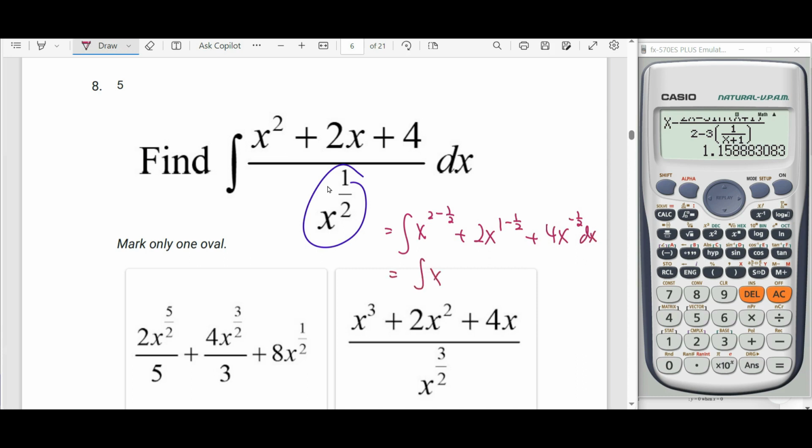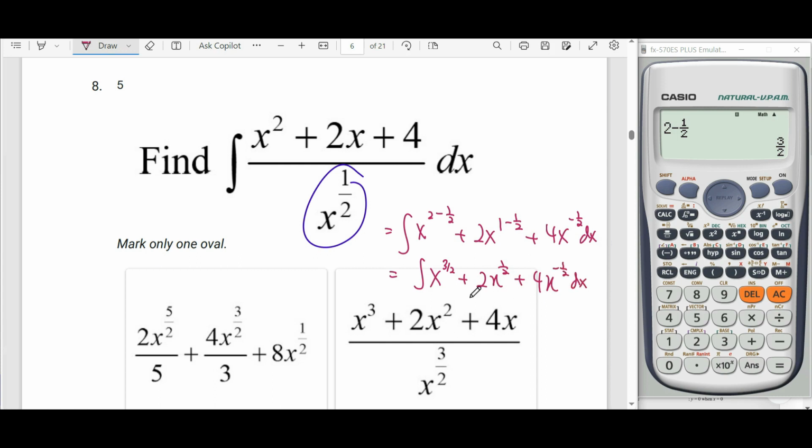So we are integrating x to the power of 2 minus 1 over 2, which is 3 over 2, and this is x to the power of 1 over 2, and this is 4x to the power of negative 1 over 2.